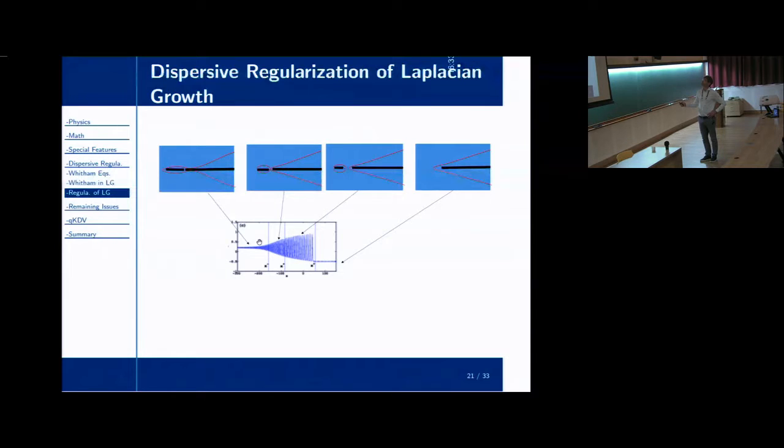As we describe these KdV flows, which describe also this finger moving in time, what we see is that we create another support for the spectrum, and around this support of the spectrum there will be another piece of the boundary of the original Laplacian growth problem.